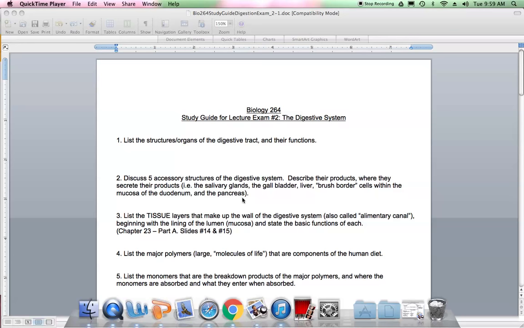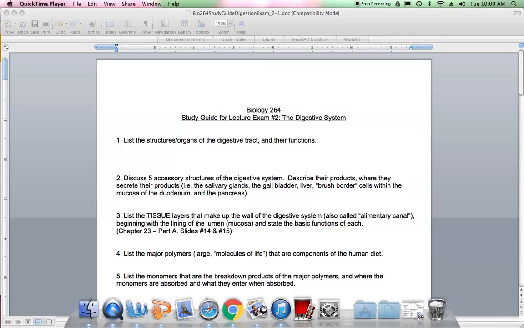So we have 5. 1 would be salivary glands, and then we have 4 that actually add materials into the duodenum. The gallbladder, the liver, the brush border cells within the mucosa of the duodenum, and the pancreas. So those are the accessory structures that this objective is referring to.